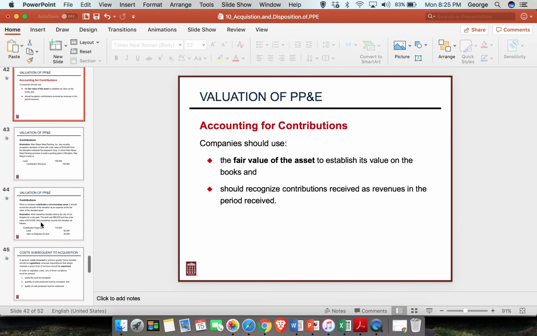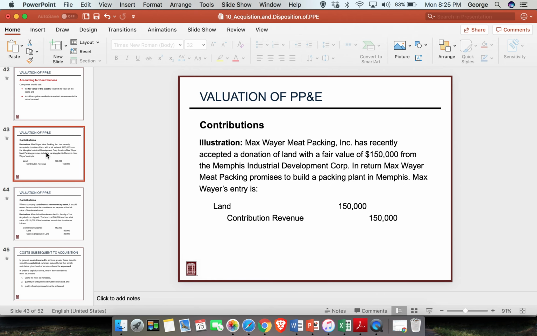All right, sometimes companies will contribute things, and when accounting for contributions, fair value of the asset should be used, and the company should recognize contributions received as revenues in the period received. So, Max Wire Meat Packing Company recently accepted a donation of land with a fair value of $150,000 from Memphis Industrial Development.